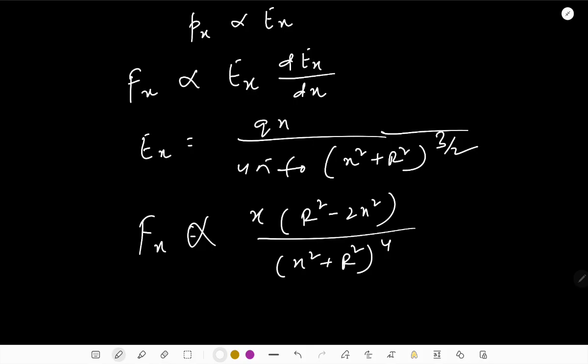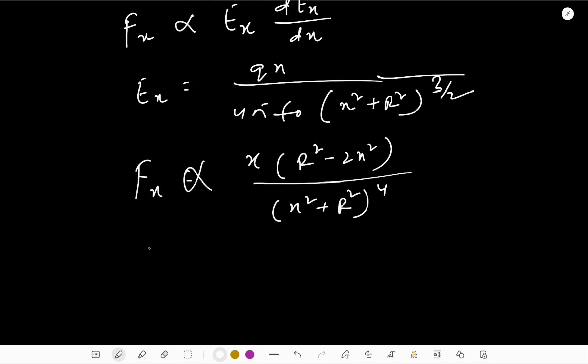And perhaps you need to differentiate Fx again with respect to x and equate the derivative to 0, and you will be able to find two values of x at which the magnitude of the force reaches local maxima. And the two values I got were 0.29 r, and the second value was 1.10 r.